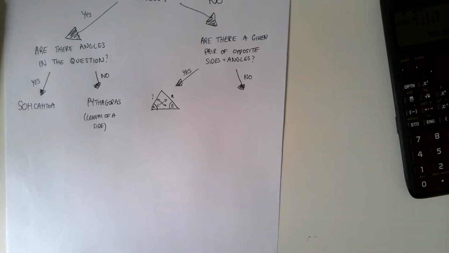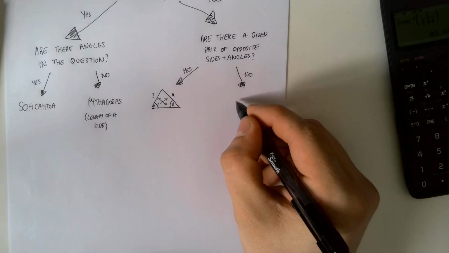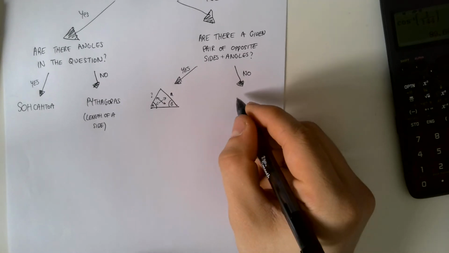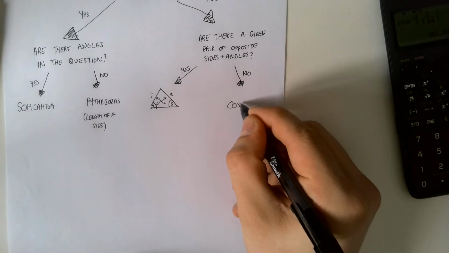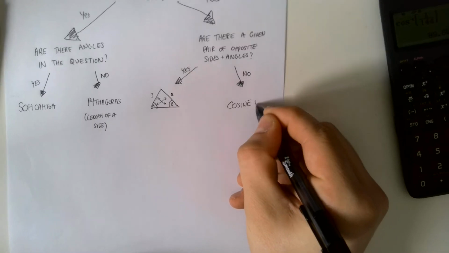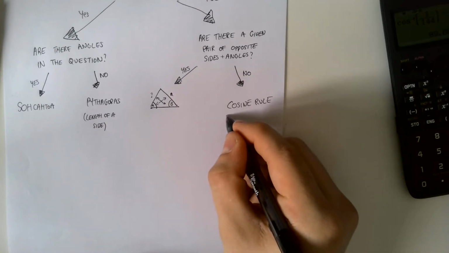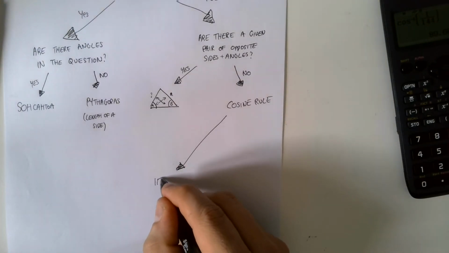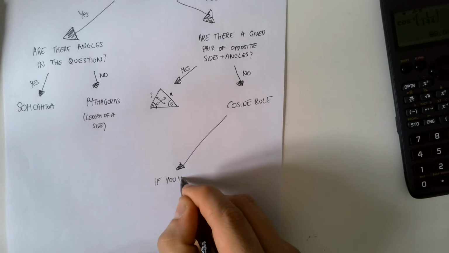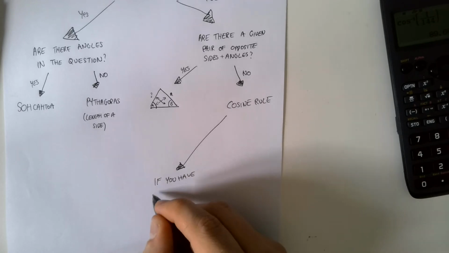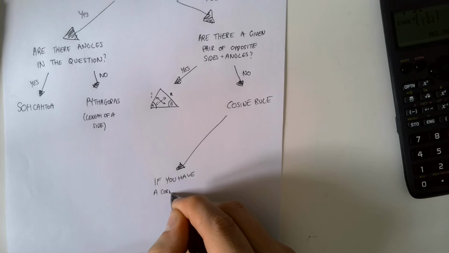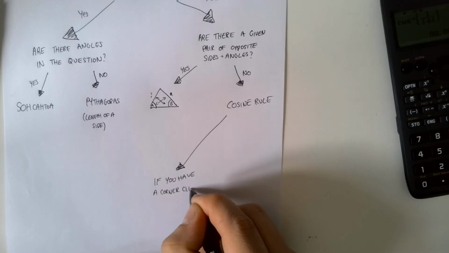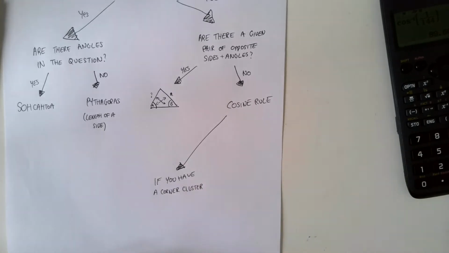So you're going to be using the cosine rule, but what kind are you going to be using? If you have a corner cluster, you're going to want to use the cosine rule as it is.